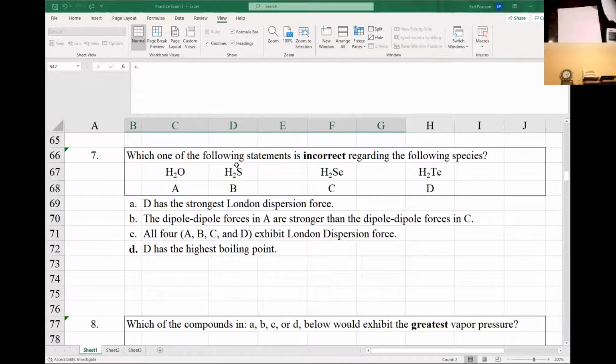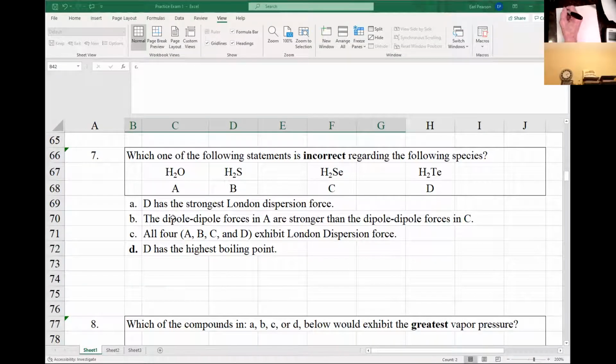Again, this one has to do with London forces and the boiling points and so forth of these. I already see a problem with it that I should have caught before now.